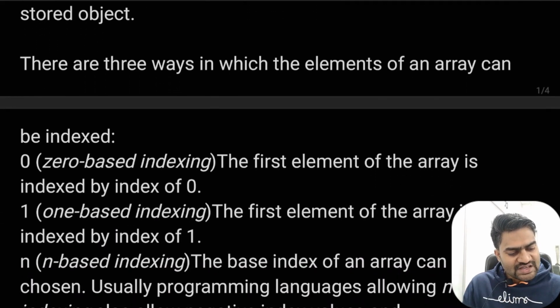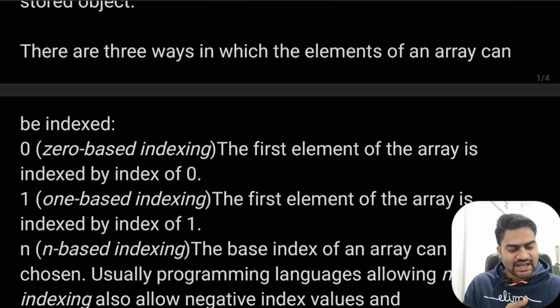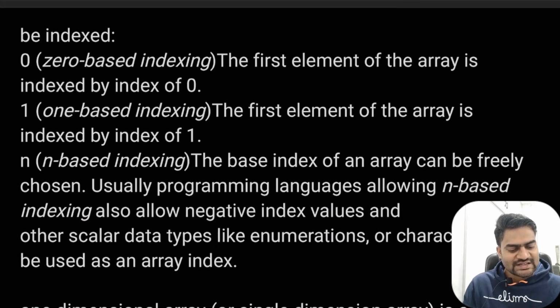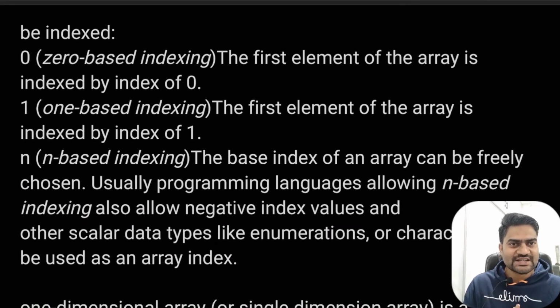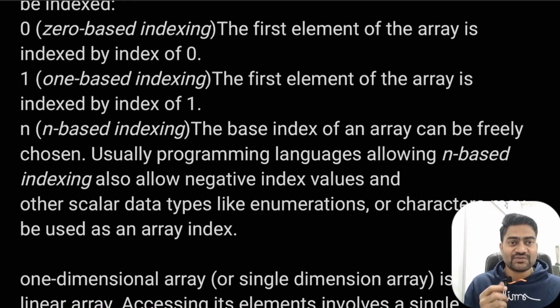There are 3 ways in which the elements in an array can be indexed. One is zero-based indexing, where the first element of the array has index 0, so to access the first element you use the 0th index. In 1-based indexing, the first element is indexed by 1, so you access it using index 1.